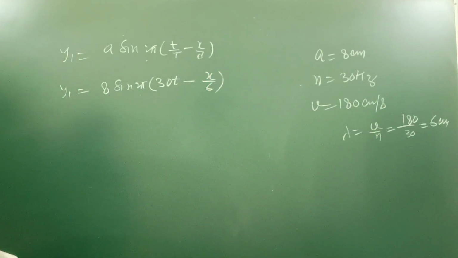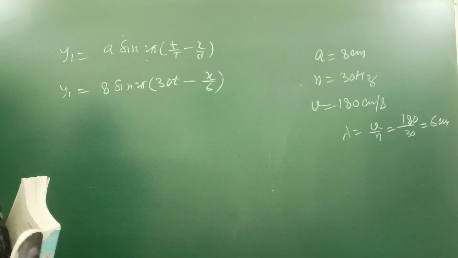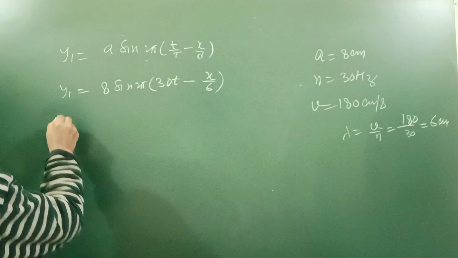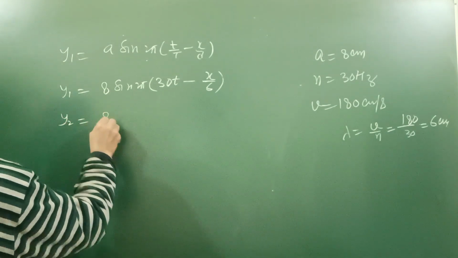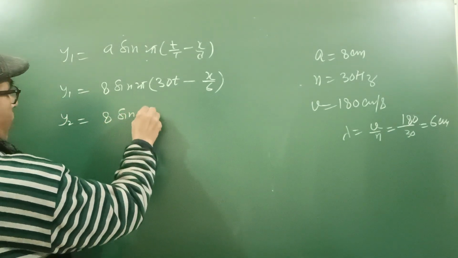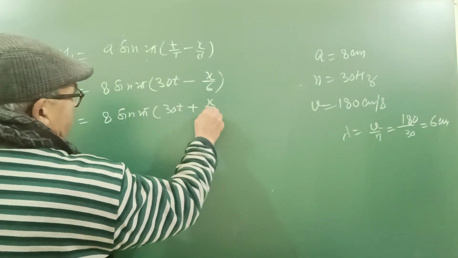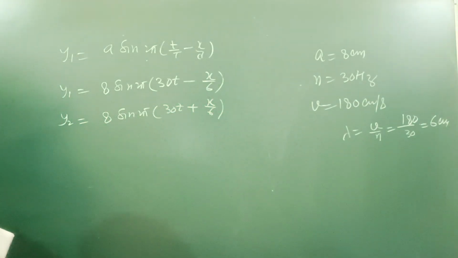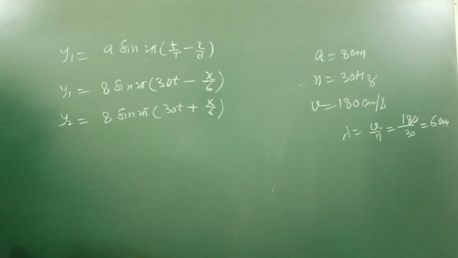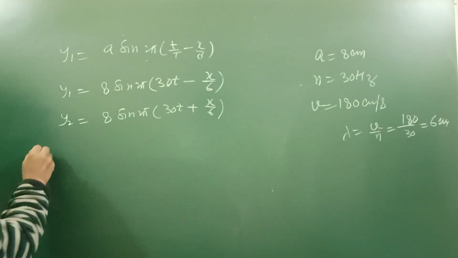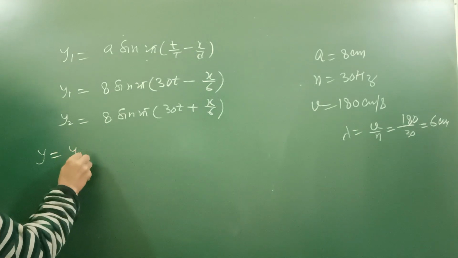So this is the equation of a wave traveling in positive x direction. A standing wave is formed when two waves travel in opposite directions. So y2 is 8 sin 2 pi (30t plus x by 6). Assuming boundaries are free, the equation of the standing wave is y equal to y1 plus y2.